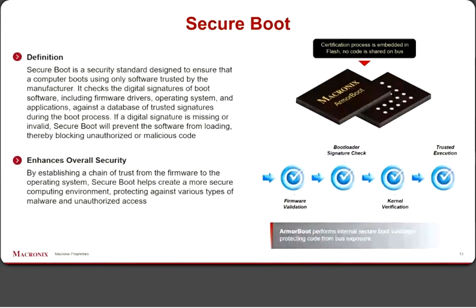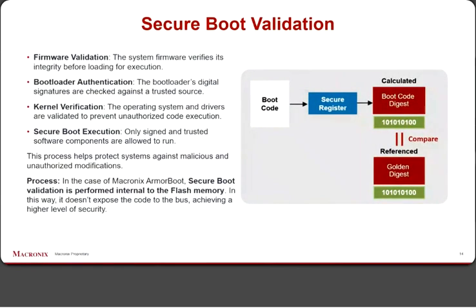So the way the Secure Boot validation works, the system firmware verifies the integrity before loading for execution. And the bootloader itself has the digital signatures, and again, it checks them against a trusted source. Well, the trusted source are the public keys that are stored in a vault, a trusted vault.